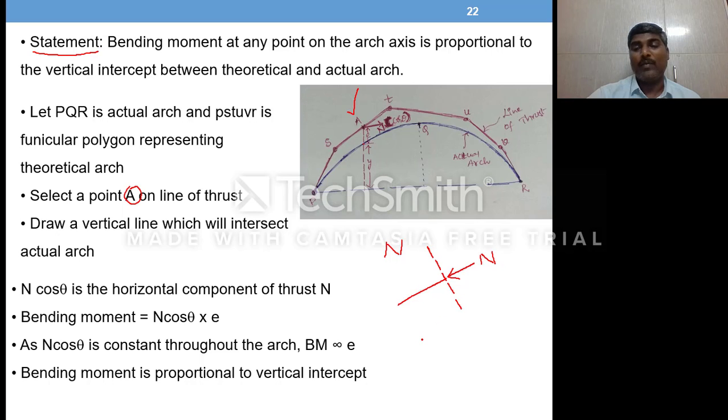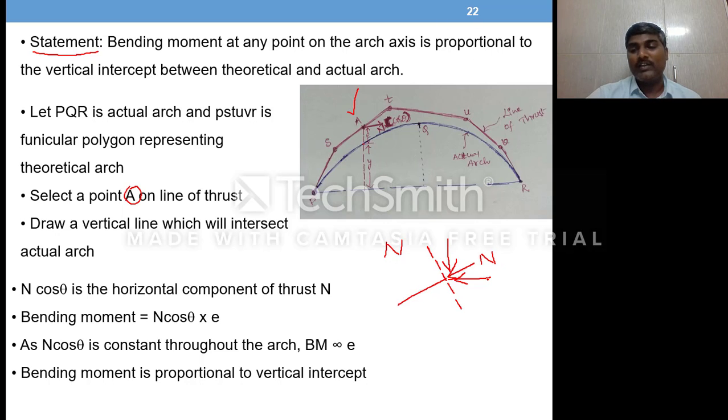This is the normal force, normal to this section, and you will have two components, as you are well aware from your engineering mechanics study.